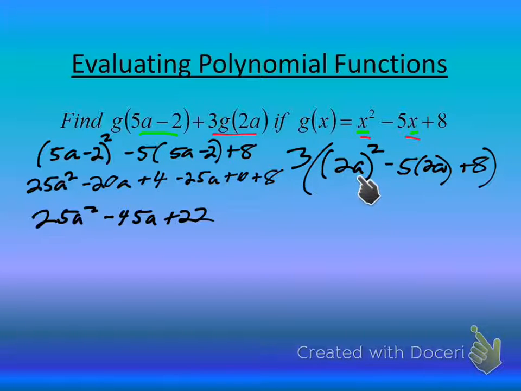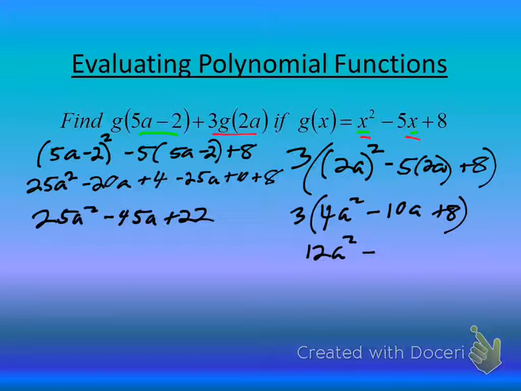So start cleaning up your insides. 2a times 2a becomes 4a squared minus 10a plus 8. Still need to all be multiplied by 3. So that gives you 12a squared minus 30a plus 24.